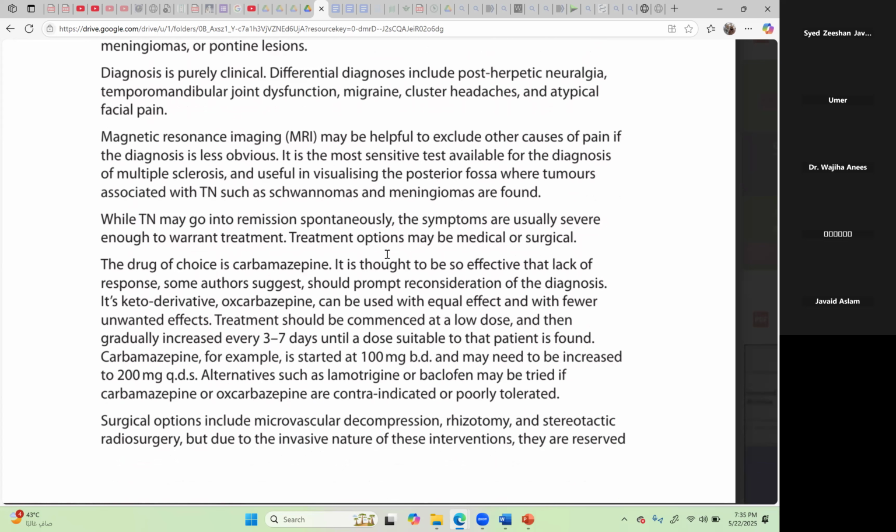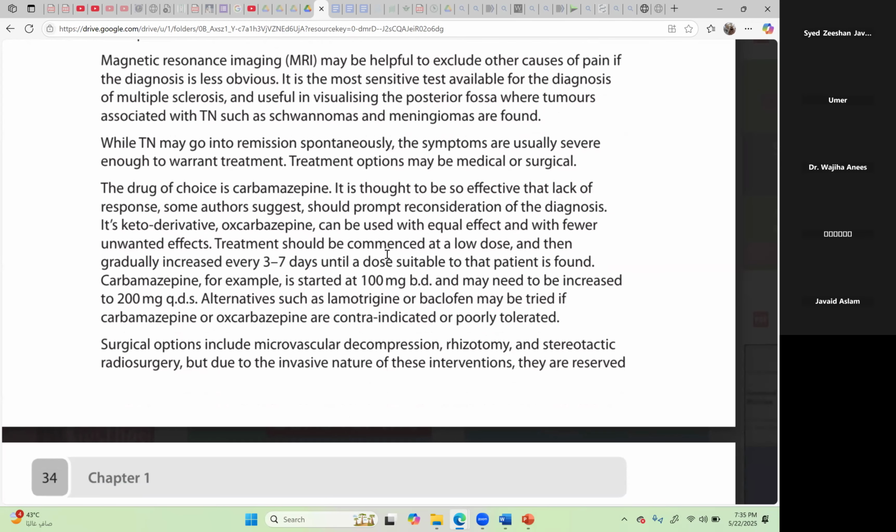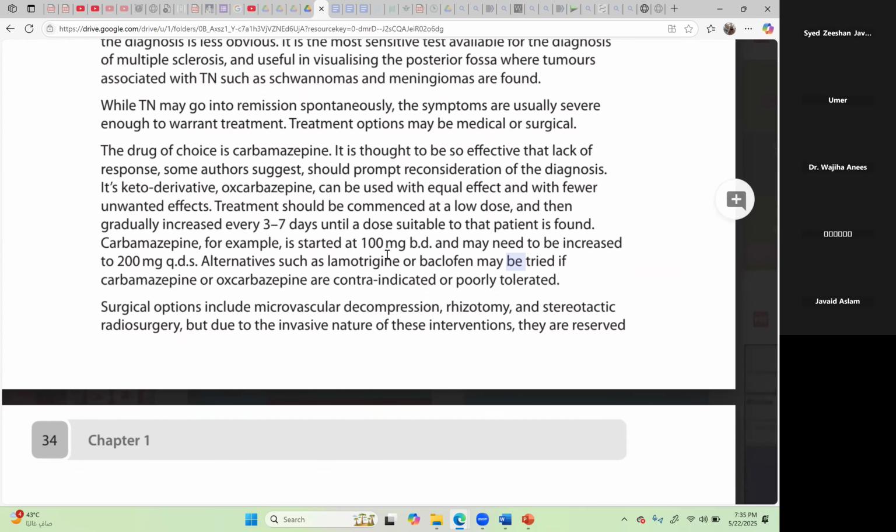While trigeminal neuralgia may go into remission spontaneously, the symptoms are usually severe enough to warrant treatment. Treatment option may be medical or surgical. Drug of choice is carbamazepine, so effective that lack of response, some authors suggest, should prompt reconsideration of the diagnosis. It's so effective that if it does not work, it means there may be something else.